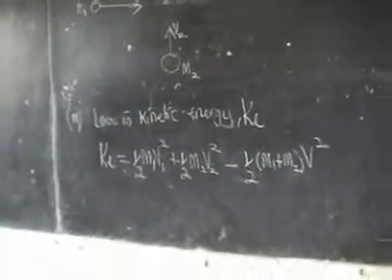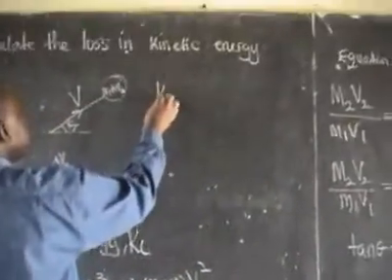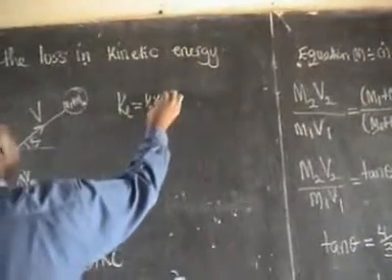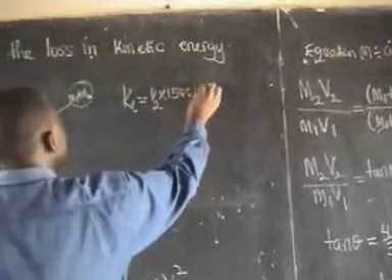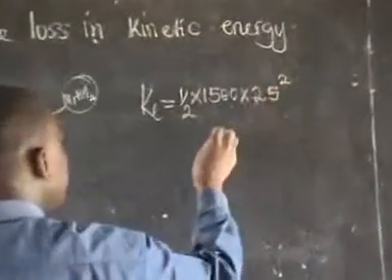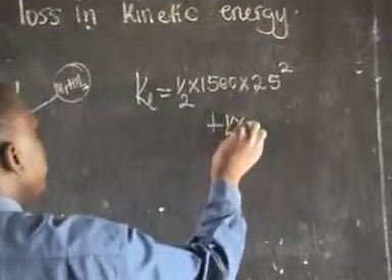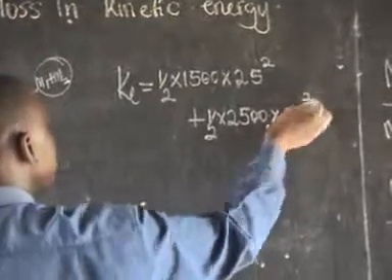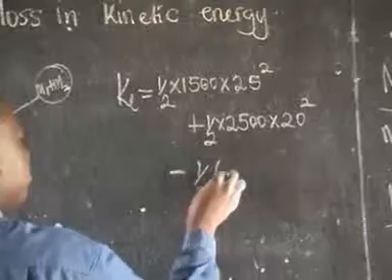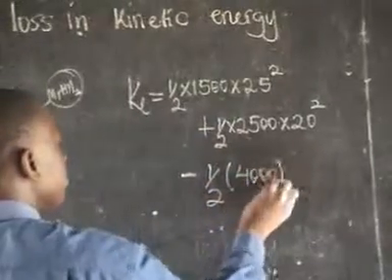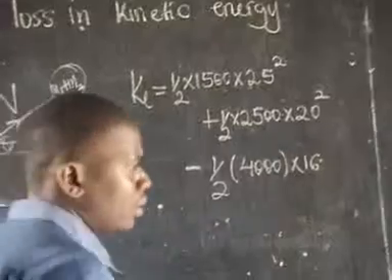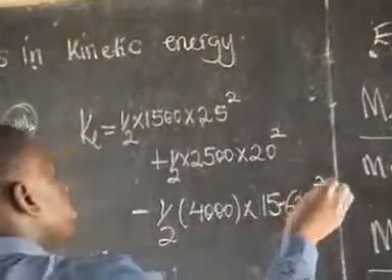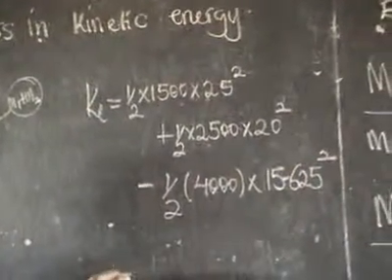So when we substitute, we shall get our KL is equal to a half m1 times 25 squared plus m2 v2, minus a half 16.625 squared. So the rest is now the work of calculator.